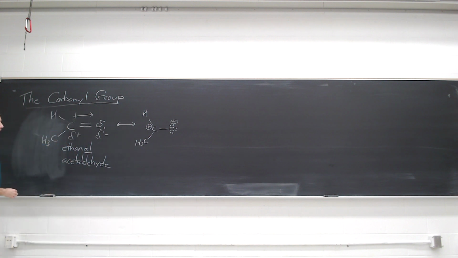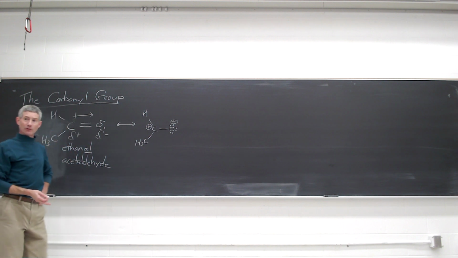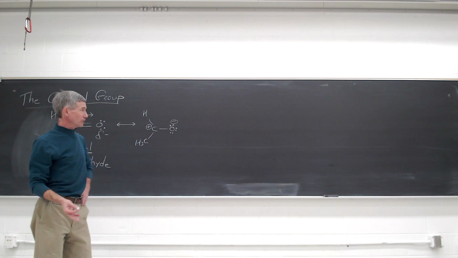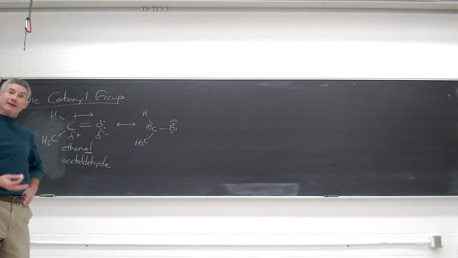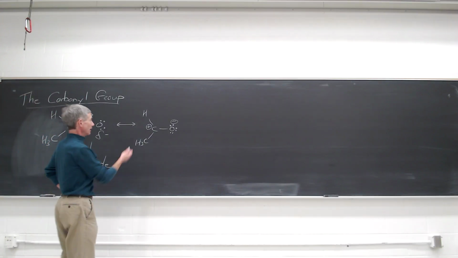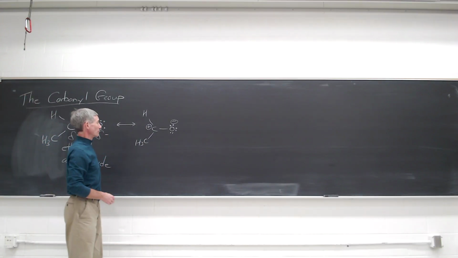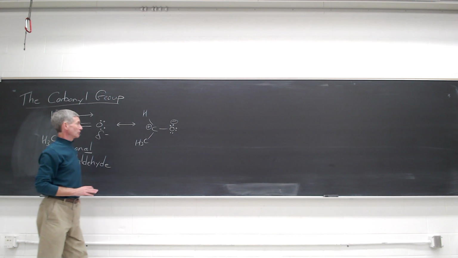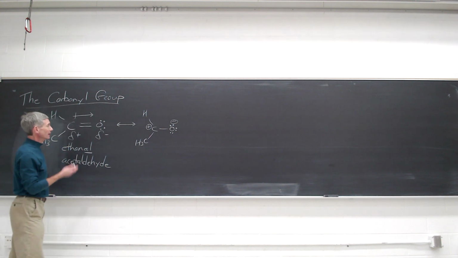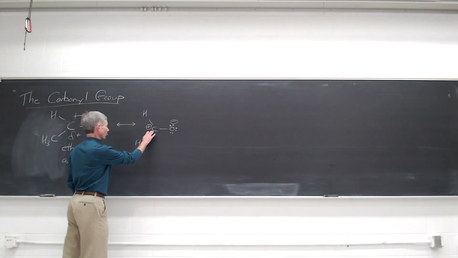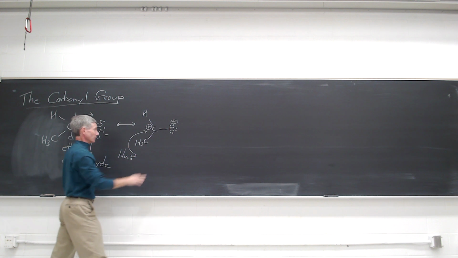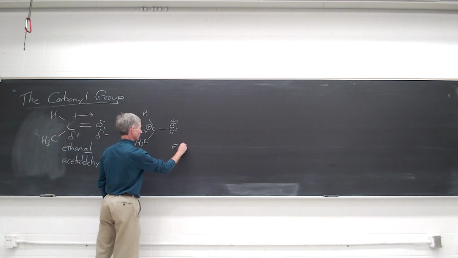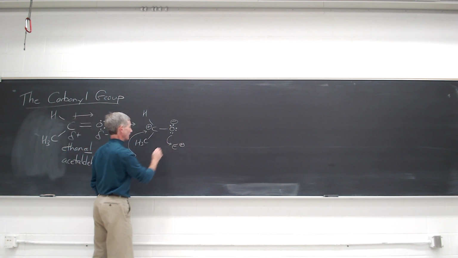that actually leaves an unfilled octet and a formal positive charge on carbon and 3 lone pairs and a negative formal charge on oxygen. Great rule of organic chemistry number 1 is that if you're unsure as to the reactivity of the species, you can often get some idea of its reactivity by drawing and looking at the minor resonance contributor. So even though this is a very minor resonance contributor with the unfilled octet on carbon, it does explain the fact that the carbon is a position where nucleophiles can attack, and the oxygen is the place where electrophiles can attack.